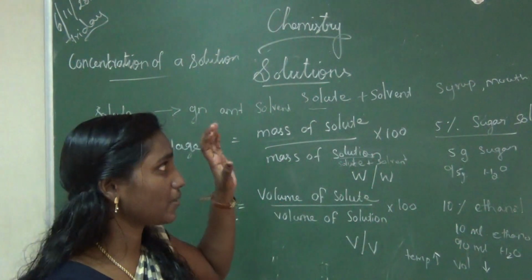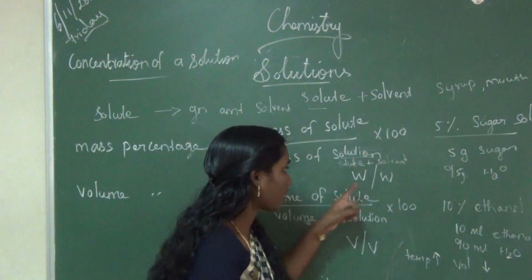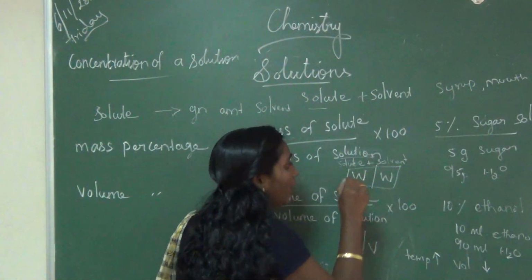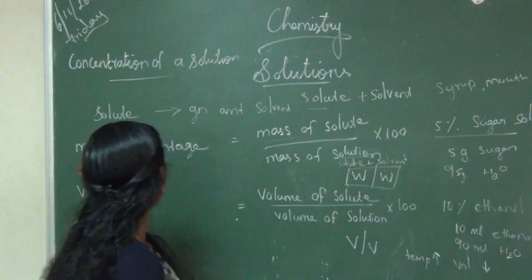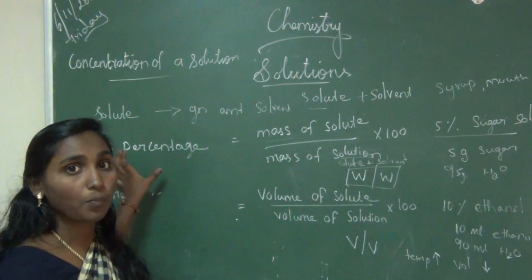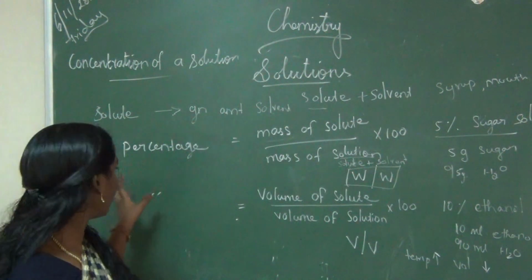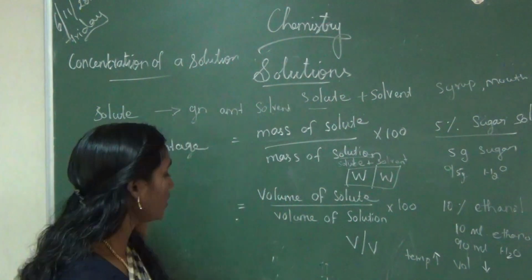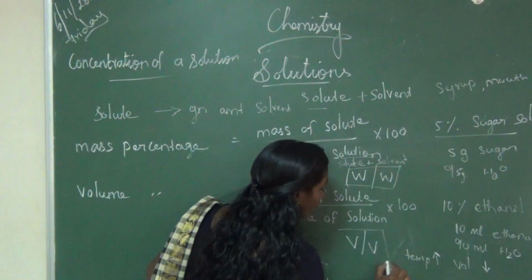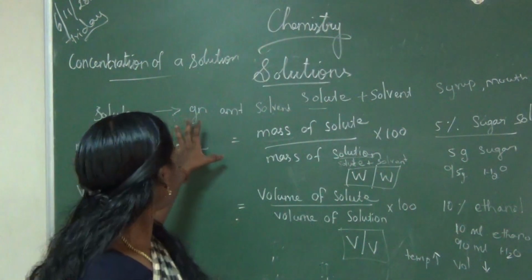When we see the back of that bottle, we can see W by W. That means the solution was prepared by mass percentage. And ointment, soap: these are the things that use the code V by V. Have you understood the solutions?